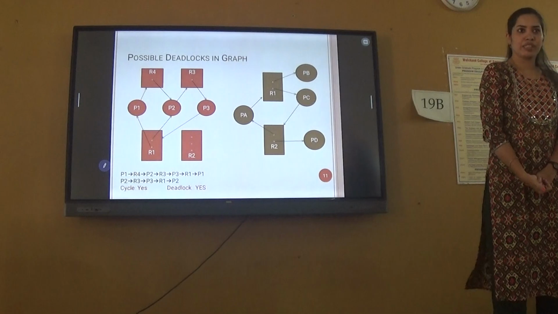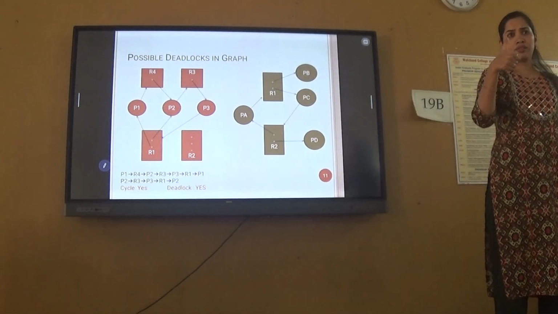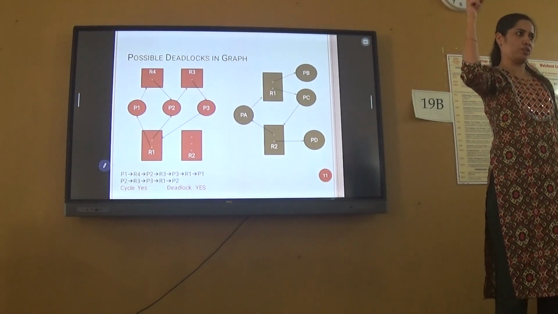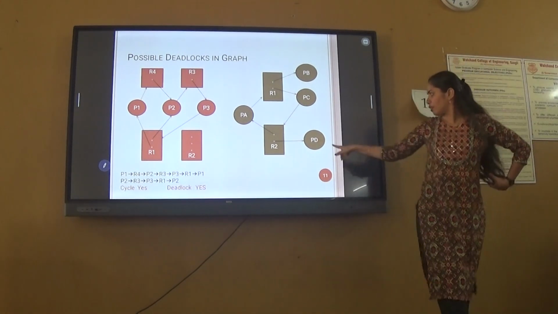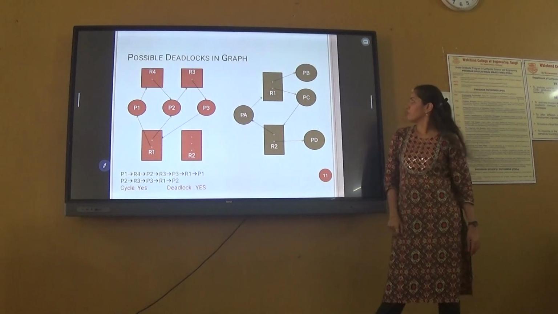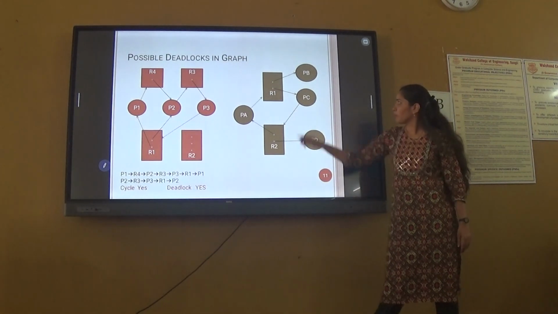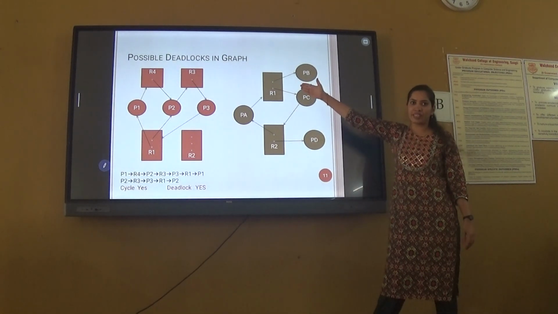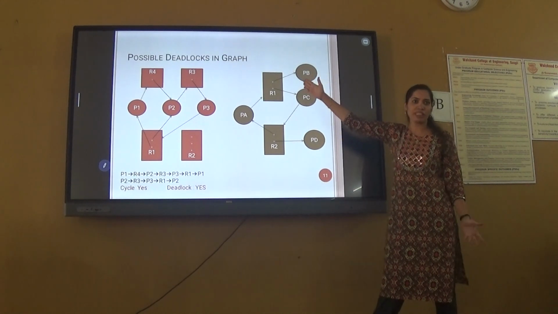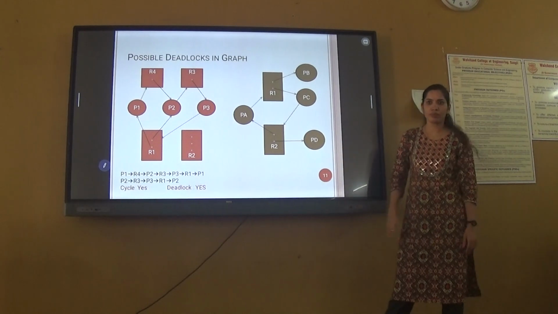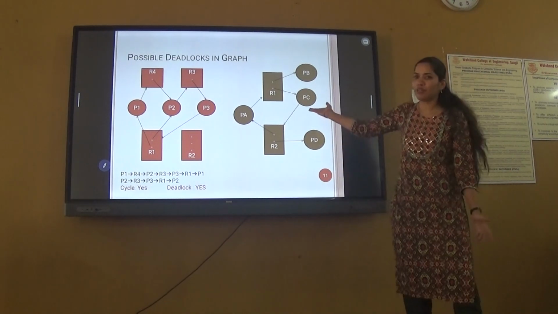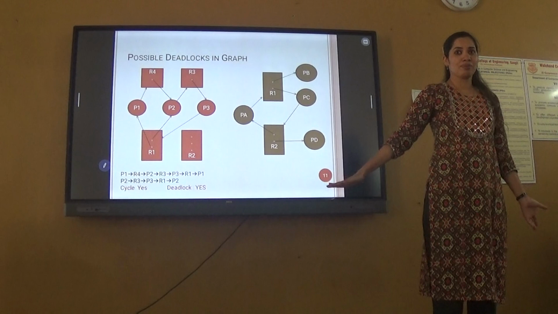Cycle, yes. Deadlock? The necessary condition matches. But PB can release its resource. PB doesn't want anything else. PD will also release the resource. So maybe there is no deadlock.